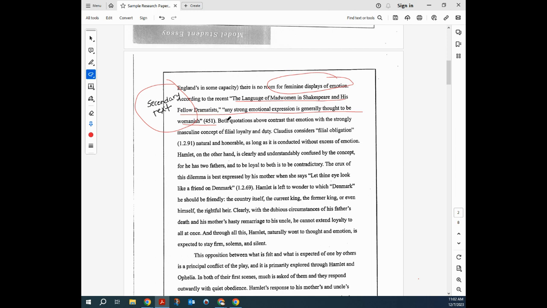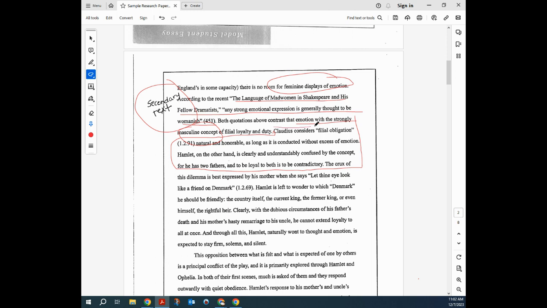So then, once he introduces the example from both the primary text and the secondary text, now he's going to analyze how both of those things add to his argument, right? He says they contrast the emotions with strong masculine concepts. Remember, he's talking about gender and patriarchy. Okay?